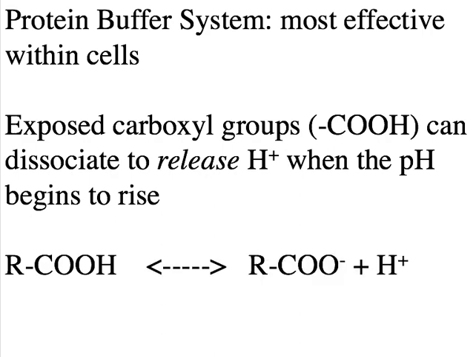So it looks like this. We have our COOH, and with the reversible arrow it can become a negatively charged O with an H plus floating off the other side of it.